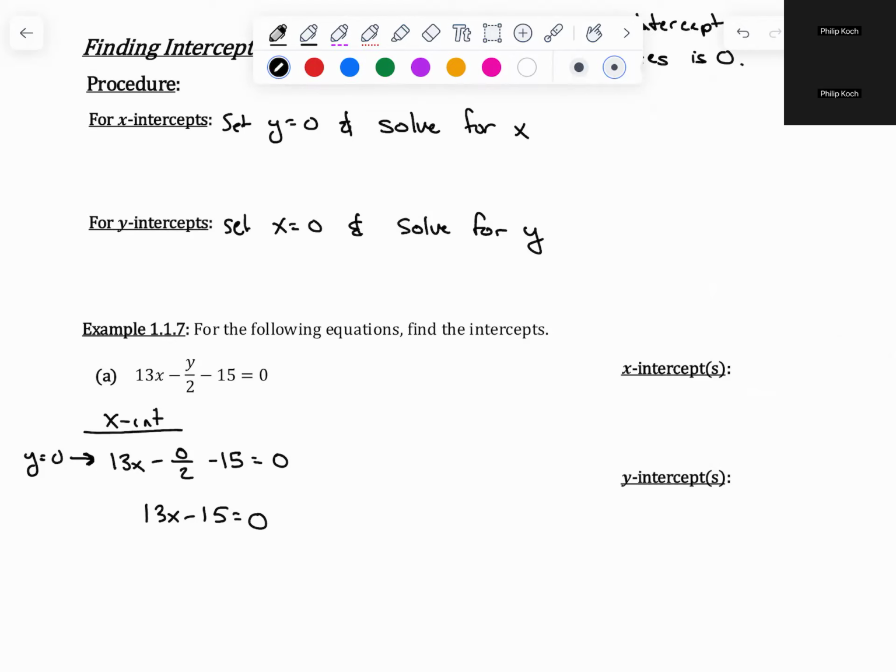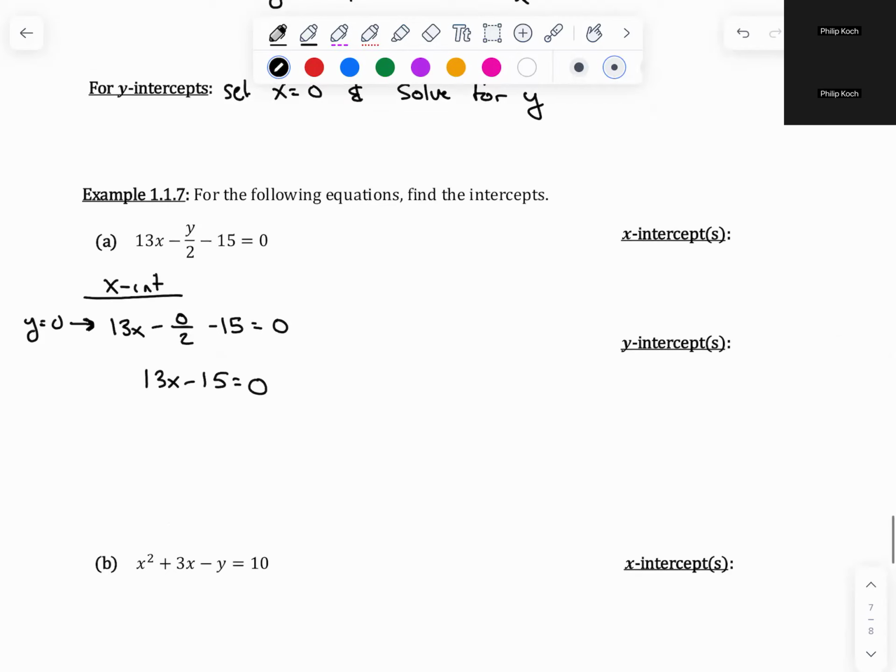Because remember, 0 divided by any non-zero number is 0. 0 divided by 2 is 0. 0 divided by -10 is 0. 0 divided by 0 is indeterminate, which we've talked about before. Any questions so far? We've gotten very, very good at solving these since we worked with polynomial equations.